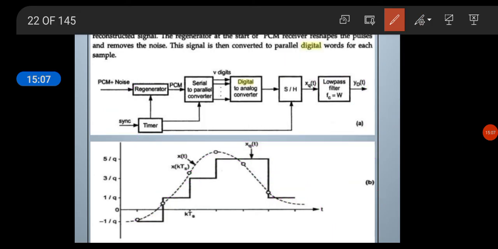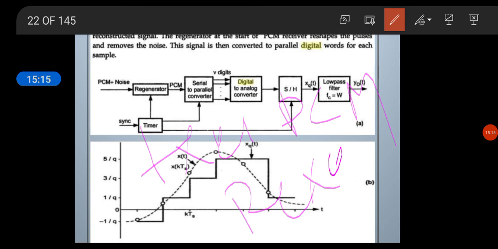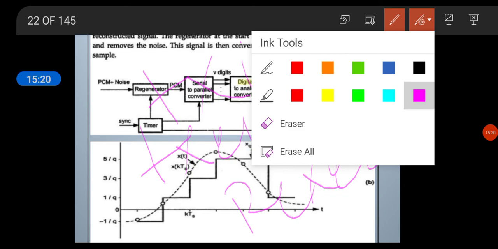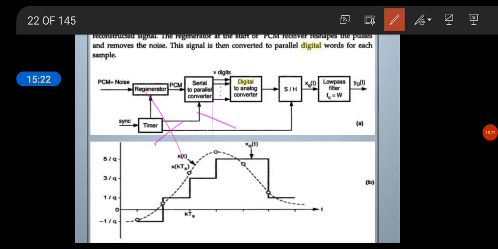In this topic we have discussed the transmitter section of PCM, the receiver section of PCM, and the transmission bandwidth of PCM. In the transmitter section we have considered A to D conversion, that is sampling, quantizing and encoding.